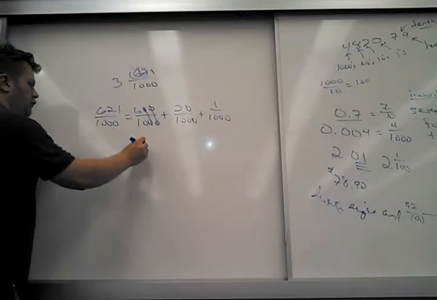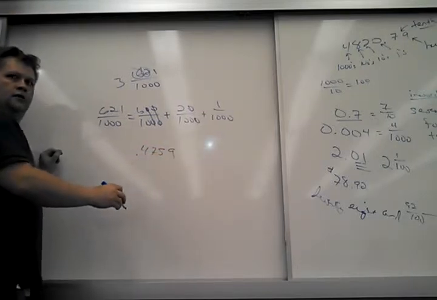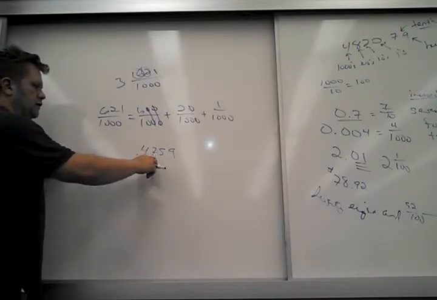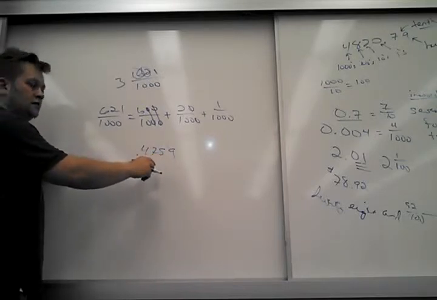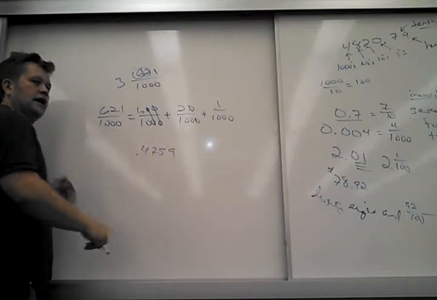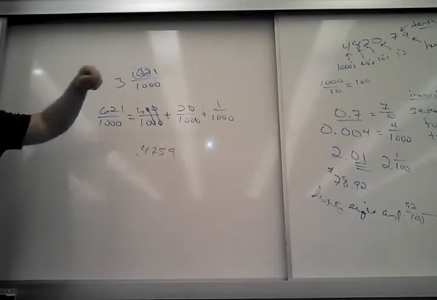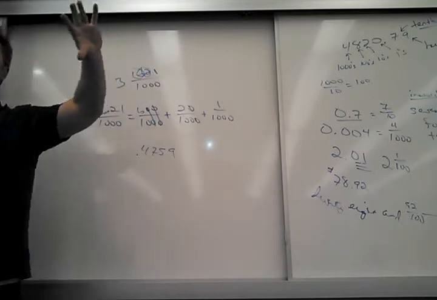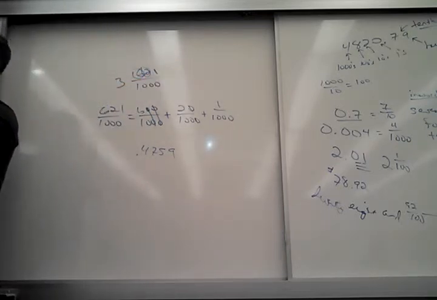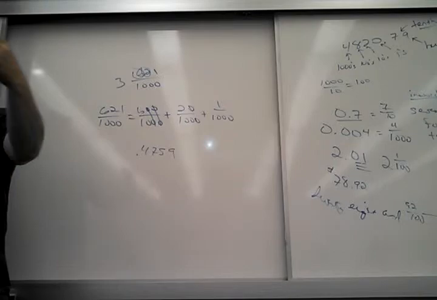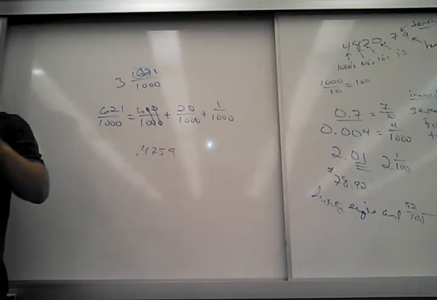So if I had 0.4759, that would be 4,759 10,000s: tens, hundreds, thousands, 10,000s. I love it. So you always go by the last number in there, because the rest of them would still work if you expanded it. So the last number rules the day. He's the one that's going to tell you what word to use.